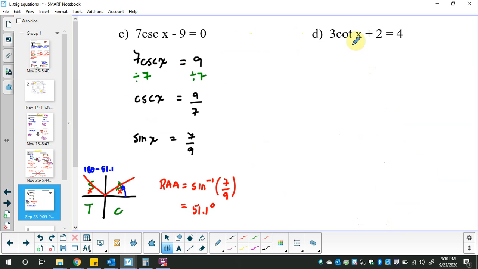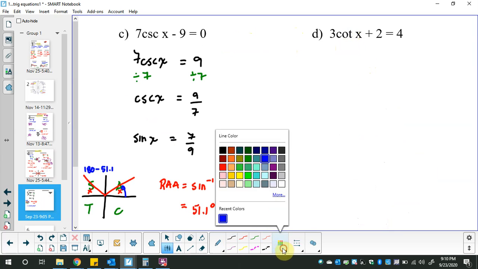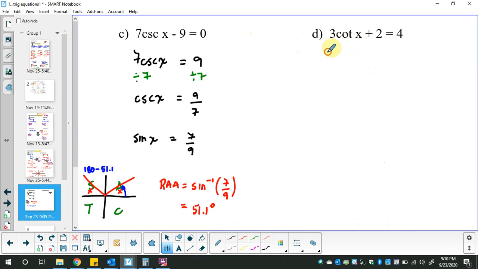So this one might be a little more complicated, so I'm going to do the little m thing. So 3m takes the place of cotangent x in case you really just don't want to look at that. Plus 2 equals 4. So 3m is equal to 4 minus the 2. 3m is equal to 2, divided by 3, divided by 3.